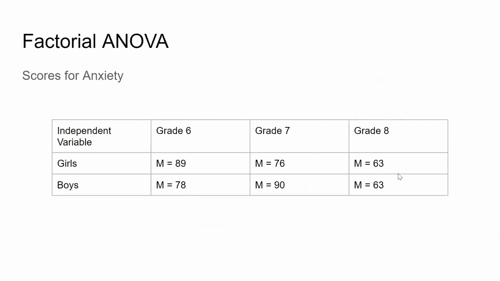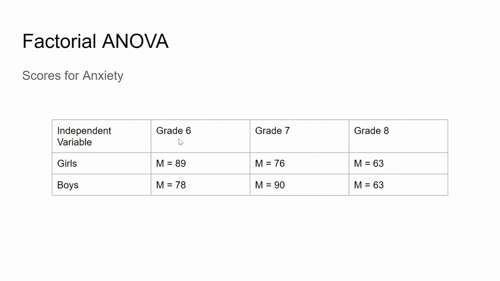A factorial ANOVA is sometimes called an N-way ANOVA. What this does is it compares the means across 2 or more independent variables. I'll say that again. It compares the means across 2 or more independent variables.